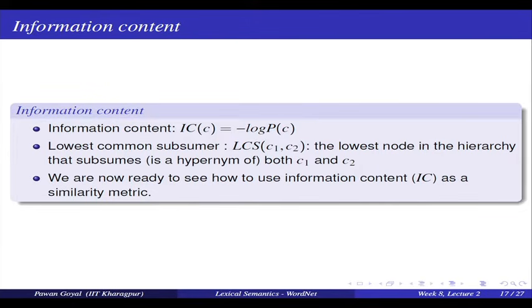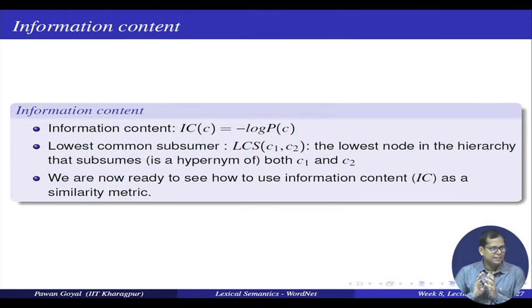So I can do that for all the concepts, and I can also define what is my lowest common subsumer. That is, if I take two nodes or two concepts C1 and C2, the lowest common subsumer is the lowest node in the hierarchy that subsumes both the nodes, or the lowest node in the tree where these two concepts meet.